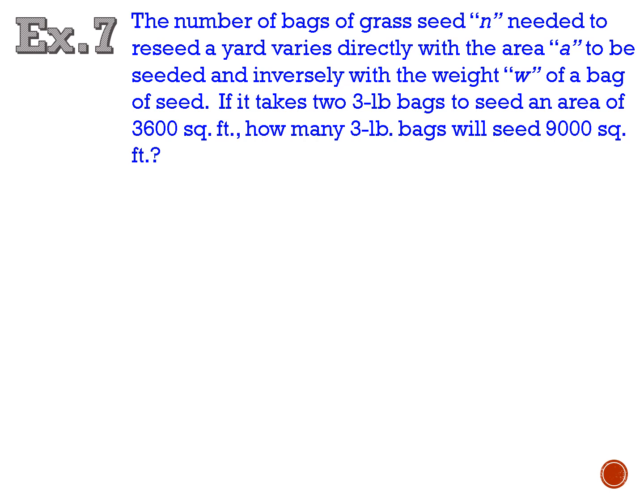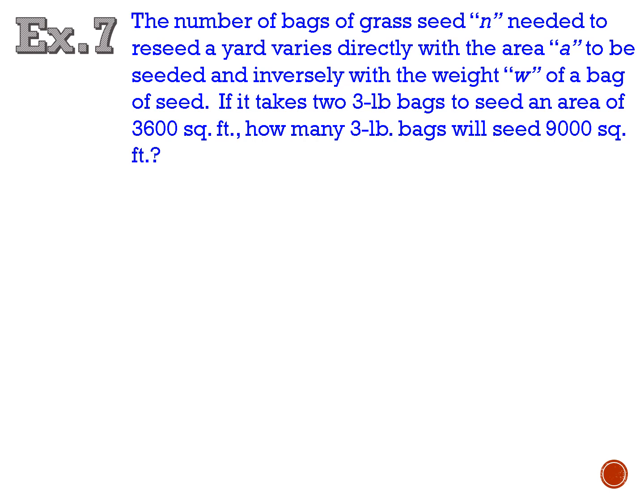So it says the number of bags of grass seed, which we will refer to as N. N represents the number of bags needed to reseed a yard, varies directly with the area A, so A represents the area to be seeded, and inversely with the weight W of a bag of seed. So let's try to read that again.